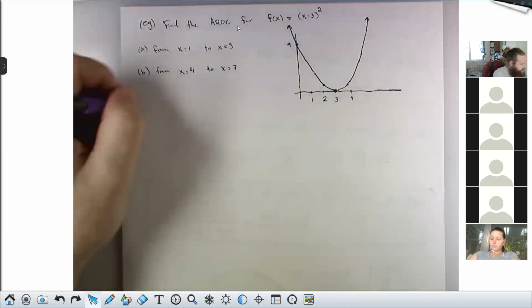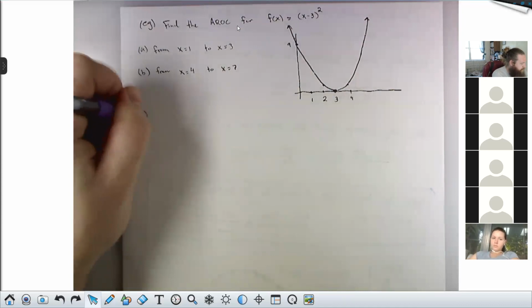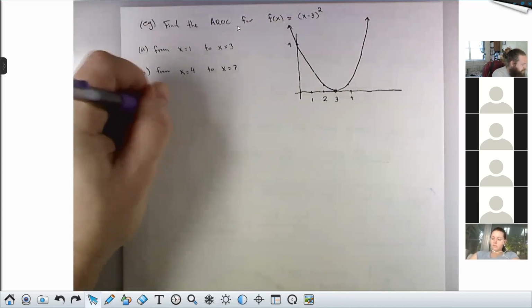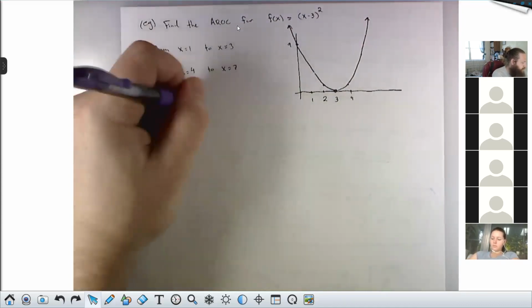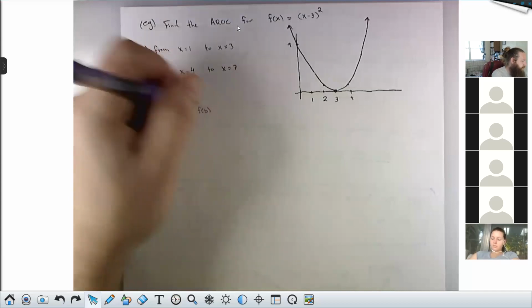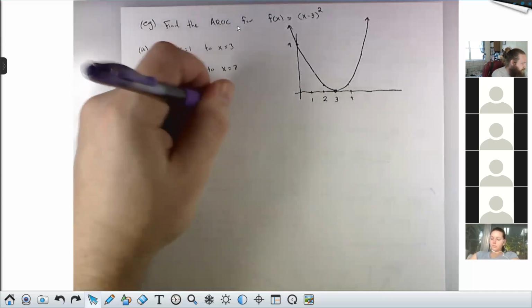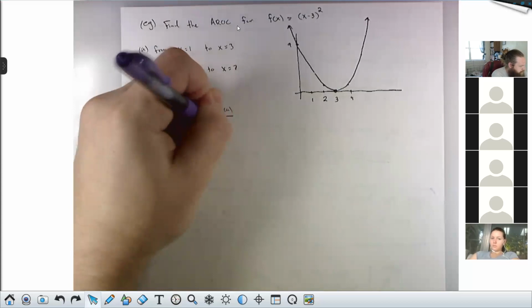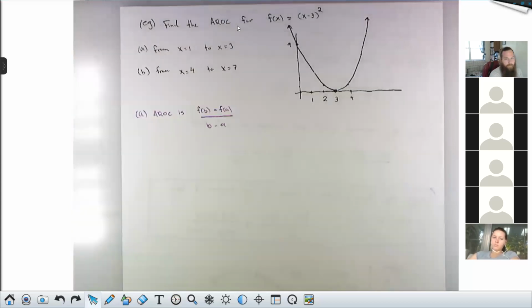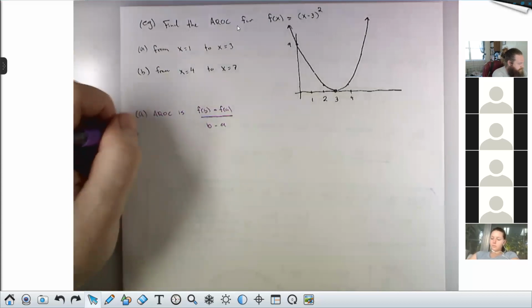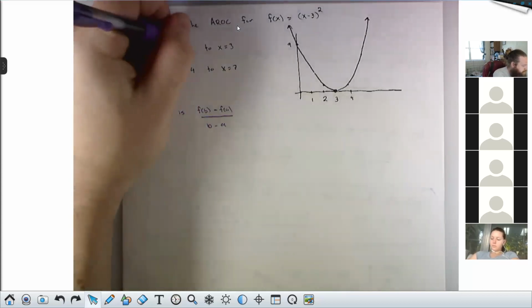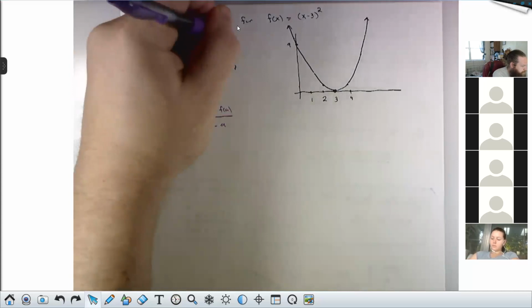So first, let's just see how we do the calculation. The average rate of change is always f of b minus f of a over b minus a. So here, a is 1 and b is 3.